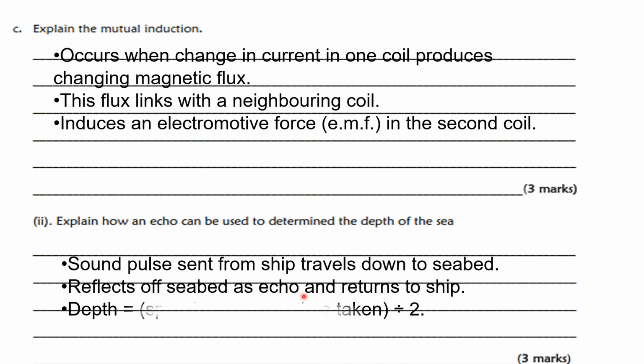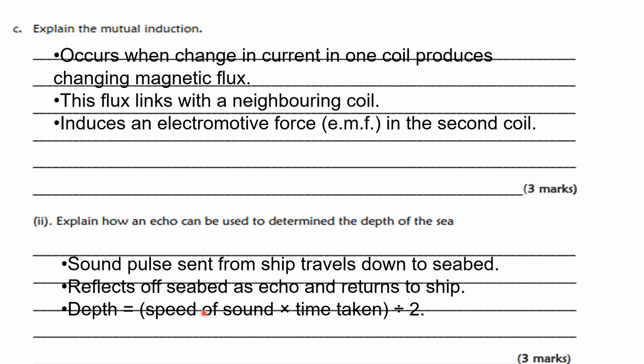So to calculate the depth, you simply take the speed of sound in the water, which is roughly around 1,500 meters per second, multiplied by the time taken for the echo to be heard, then divide by 2.